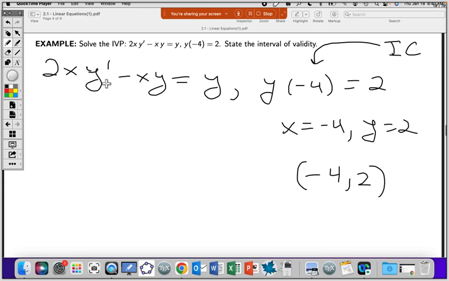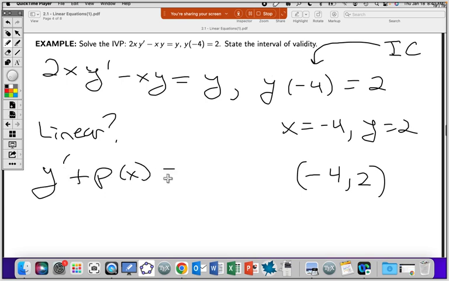The first thing we have to do is ask, is it linear? And if it is linear, we can check because we have to put it into standard form. Okay, so we have to get the y prime plus the p of x y equal to f of x. So I've got the y prime there. We're going to have to take care of that 2x somehow. We have to get all the y's on one side, so I can subtract that off.